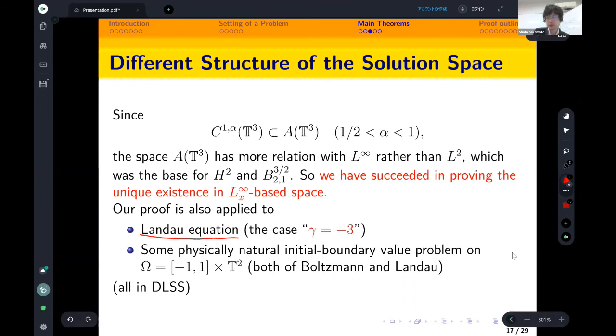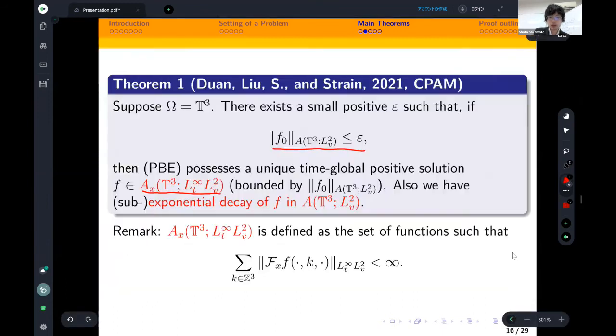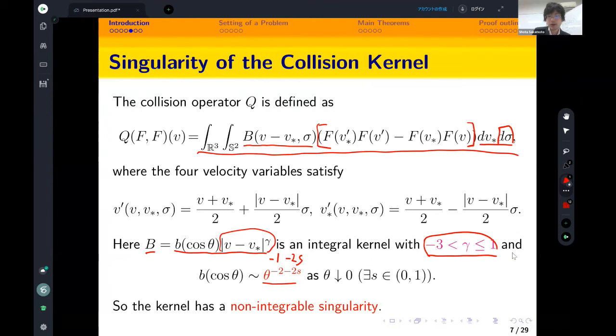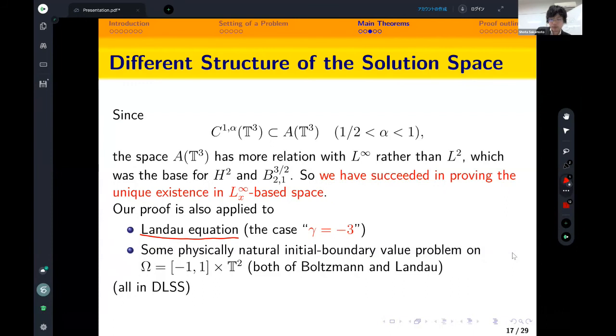And this is kind of brother of the Boltzmann equation, because let me go back. Where is it? Oh, here I said gamma is coming from this part, weight function. I said gamma can't be taken -3, and in that case, we have to derive the equation in a different way, and that's the Landau equation. However, they share many structural properties of the equation, so we can use the same method for this Landau equation.